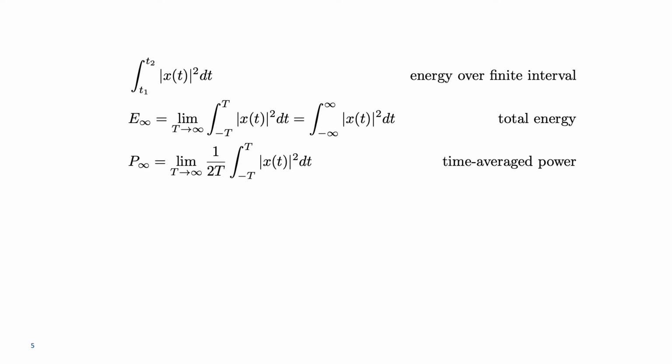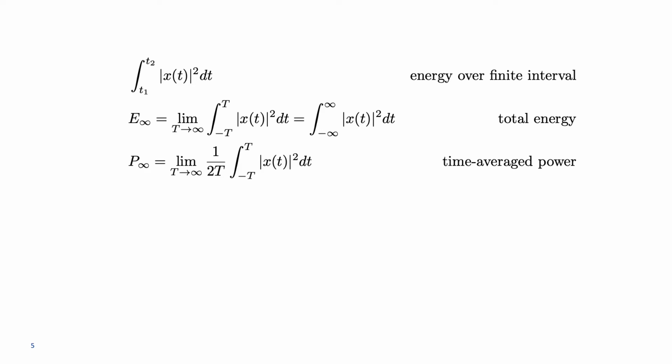In this case, we are representing it with a procedure of limit, and we get the total energy E infinity. The time average power is obtained basically by dividing the energy by the duration of the interval.